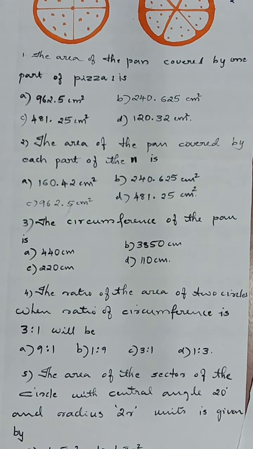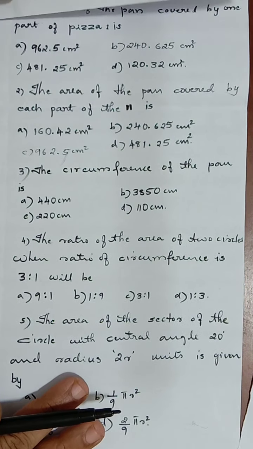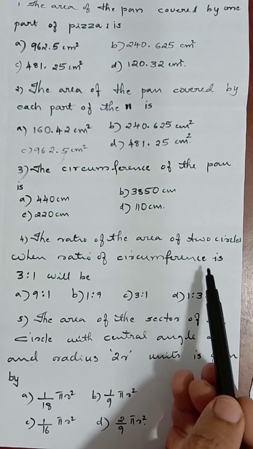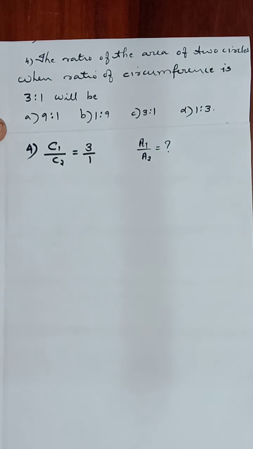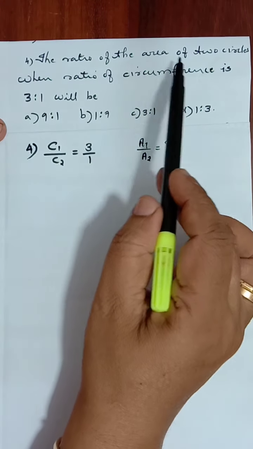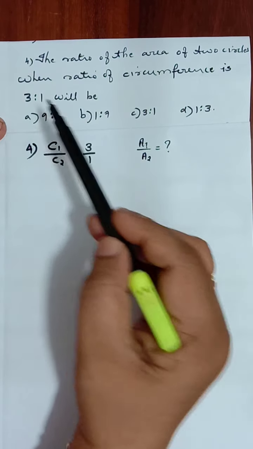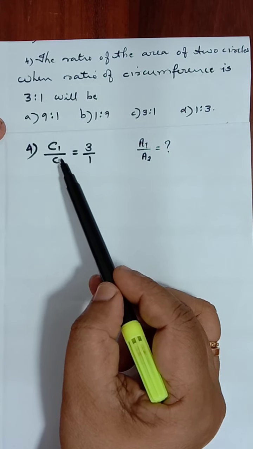Okay. So for question number 4, ratio of the areas of two circles. The ratio of area of two circles when the ratio of circumference is 3:1 will be. Ratio of the circumference, first one circumference by second one circumference.